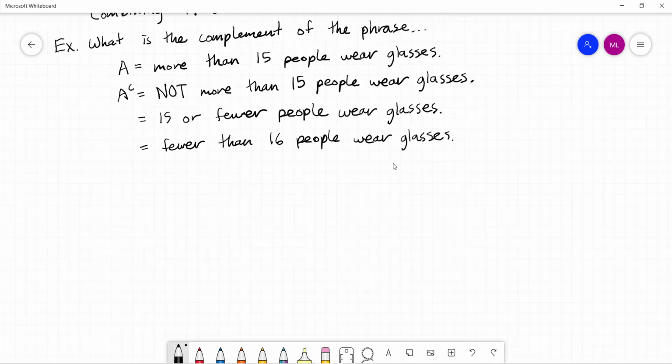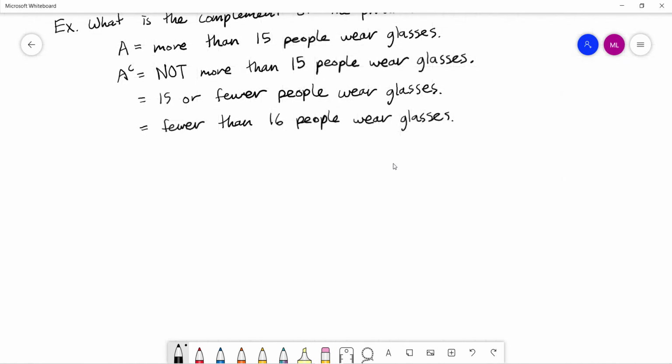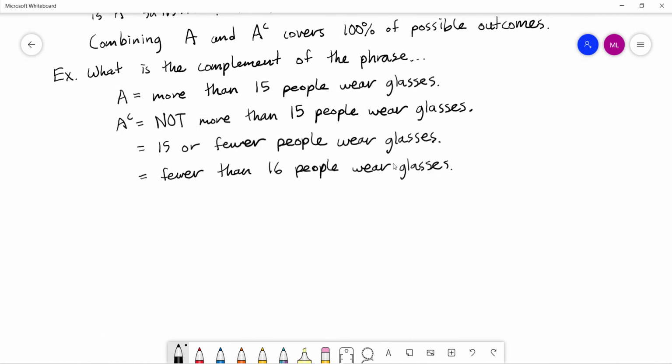I mentioned a minute ago that when we combine the two outcomes, they combine to represent 100% of possible outcomes. And what I mean by that is one of these two things has to be satisfied. If we take a survey in our class, no matter what the outcome of that survey is, either A is going to be satisfied or A complement is going to be satisfied.